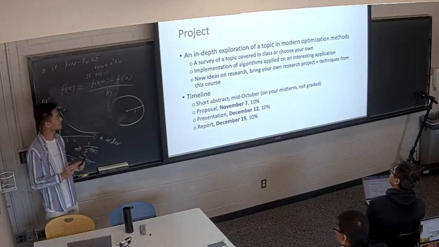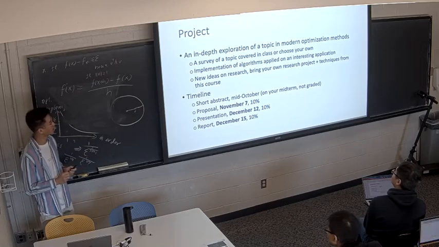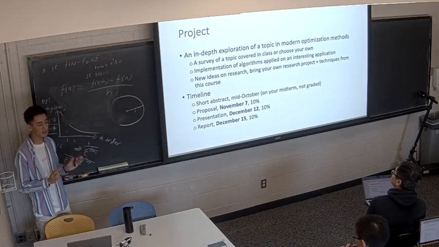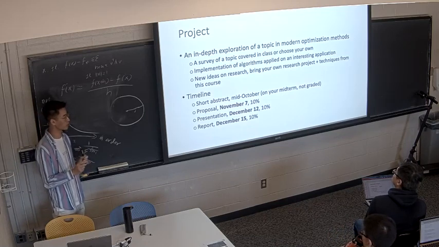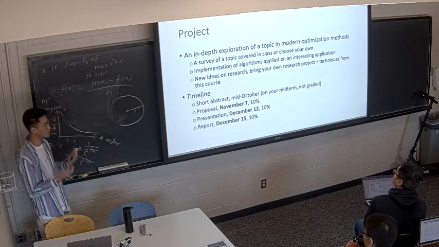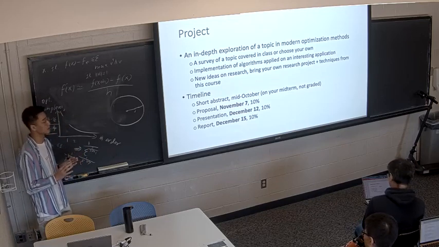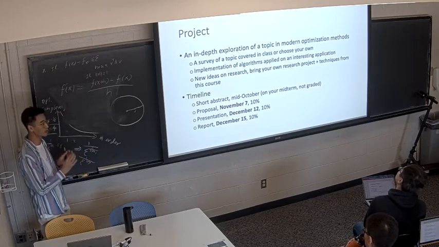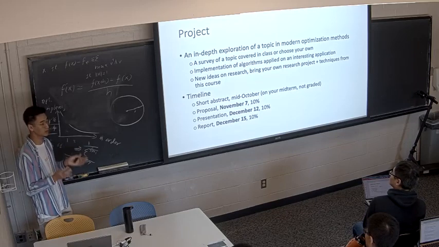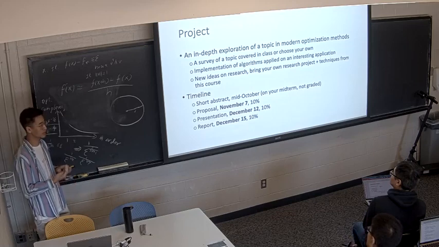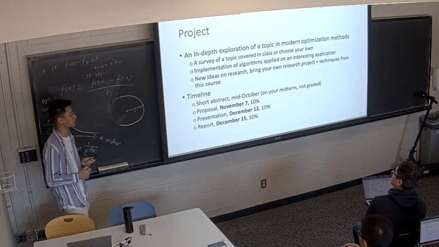If you just implement something we covered in class and apply it on some toy example, that doesn't mean a good project. A good project will be something that brings us some very interesting numerical finding. So by implementing a certain algorithm, you find something new that people have never seen. It may be some research topic. So this kind of implementation is what we look for.